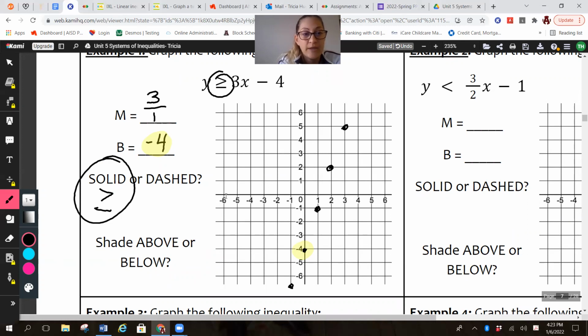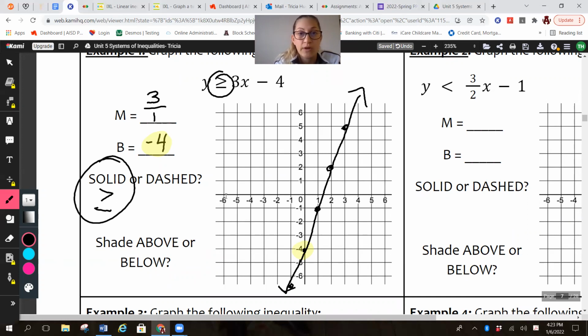That means I need to make a solid line. Now I will do this. So it's kind of nice I made this mistake in front of you guys so that you could see. I've done this forever. I didn't pay attention to the symbol. I just went into graph a line mode and forgot that we're graphing inequalities, which are completely different.